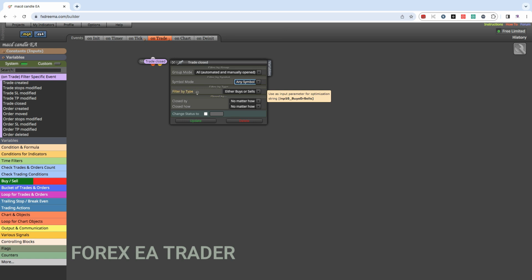Then filter. What makes sense is you want to first of all say buys. So we are saying if a buy trade has been closed, let's say here we have a condition that says closed buy. If we go to see here, we have stop loss, take profit, stop loss or take profit, not by stop loss or take profit, maybe manual close, or by expiration, maybe that trade has expired.